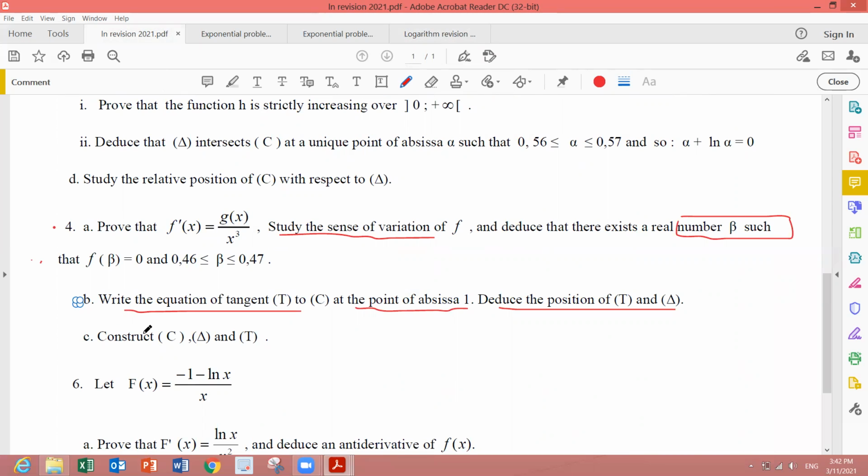Part C, and we need to study the position between the tangent and delta.